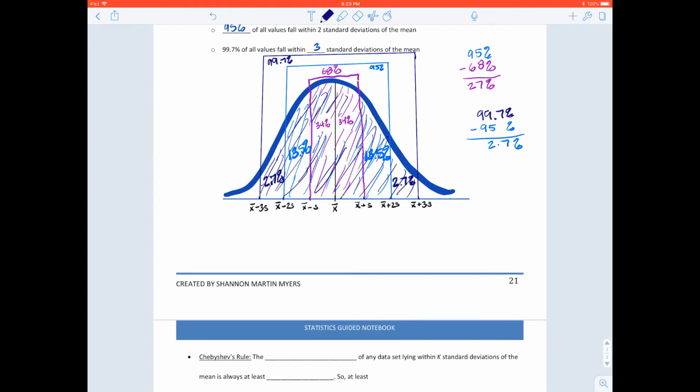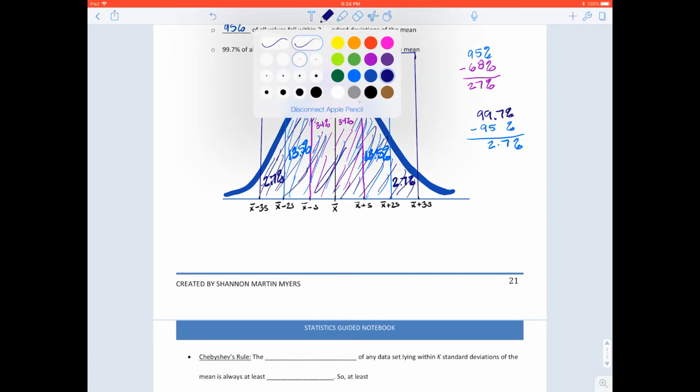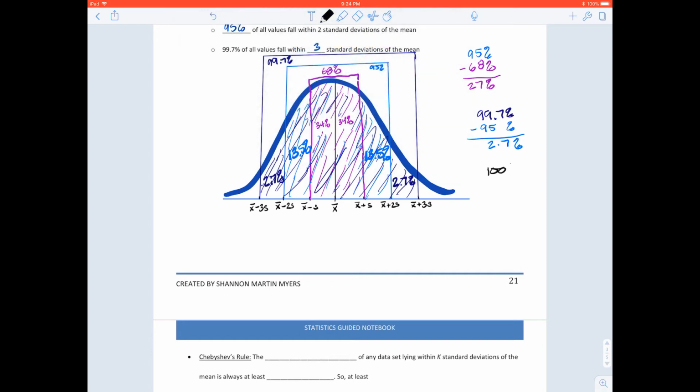And then that leaves how much in there? I mean 100%, right? 100% minus 99.7% is going to give us 0.3%, right? So dividing that in two, in these little regions right here there would be 0.15% of the values.